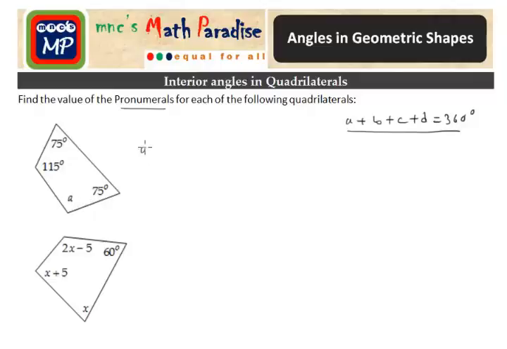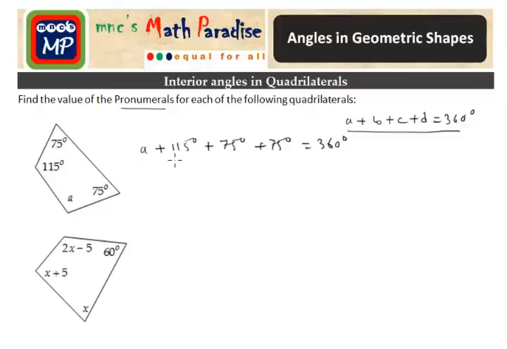So we can write A plus 115 degrees plus 75 degrees plus 75 degrees is 360 degrees. The sum of all 4 interior angles of any quadrilateral is 360 degrees.